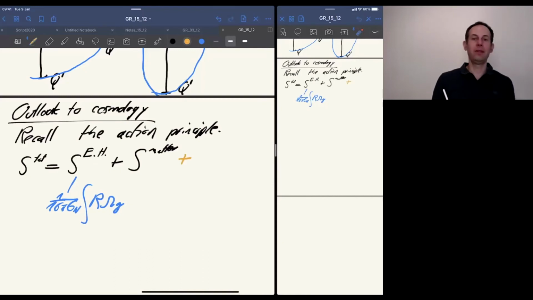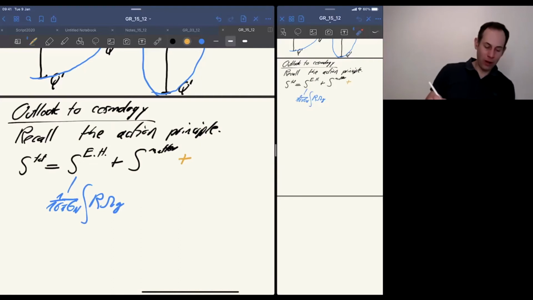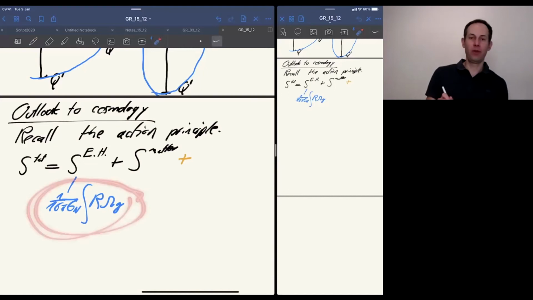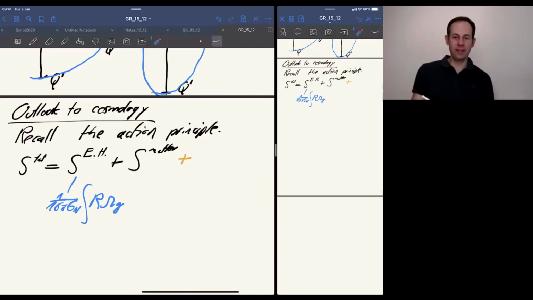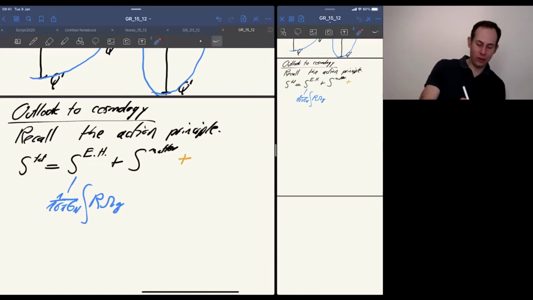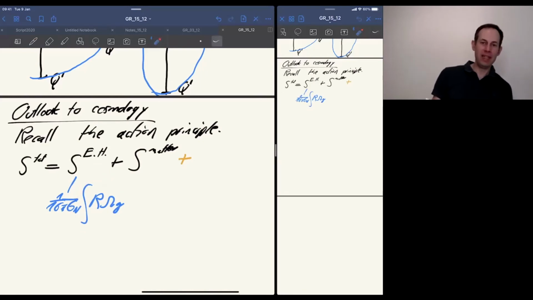And why can we add something else? I mentioned several times that there is not so much freedom. So it's actually hard to come up with an expression like this one, which is a scalar that is independent of coordinates. Of course, R, the Ricci scalar, or the curvature scalar, is a scalar. And so if I integrate it over volume, it's a well-defined physical number, but there are not many of them.